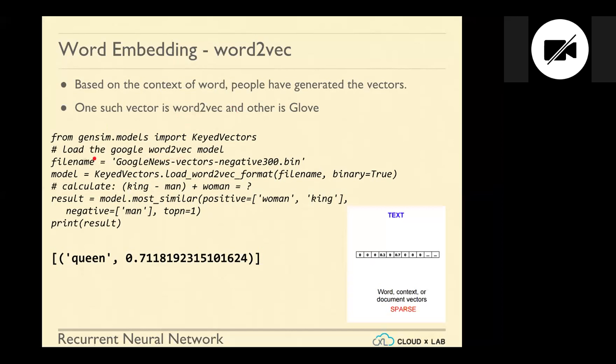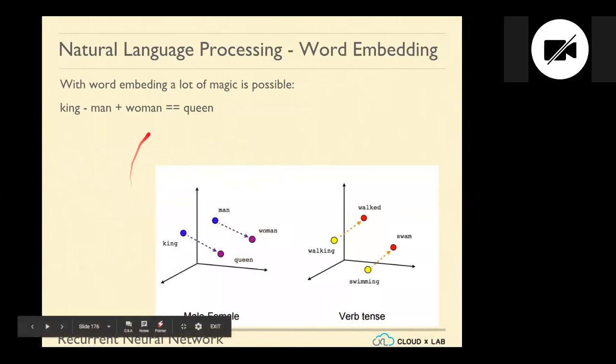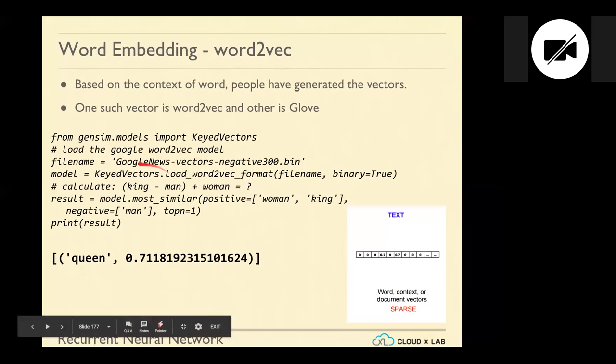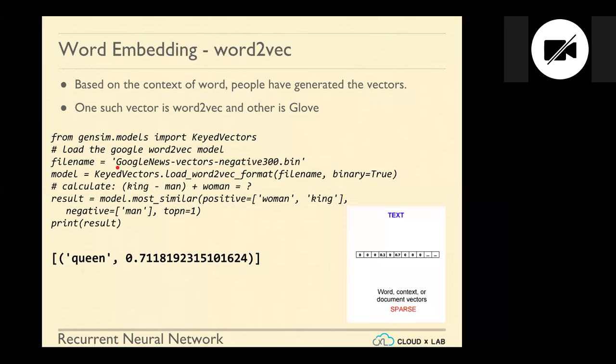We're going to talk about what these numbers mean, but before that I'd like to show you this part. Here, from gensim.models we import KeyedVectors, and then we load this binary data. This binary embedding has been derived from Google News, and this file is around 3 GB.